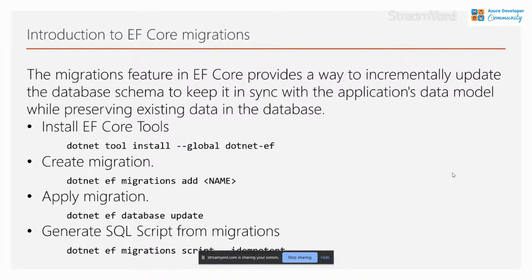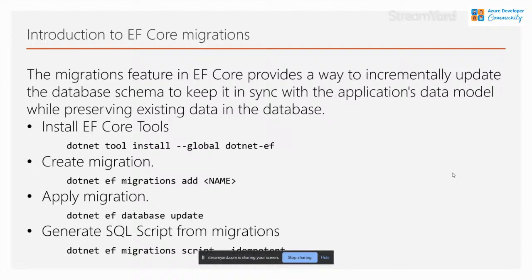Whenever you apply a new migration, it will check whether that migration is applied or not. If that migration is applied, it will ignore it. If not, it will apply it. That's the way EF Core syncs the data between your application code and database.